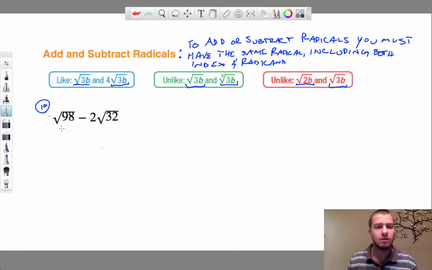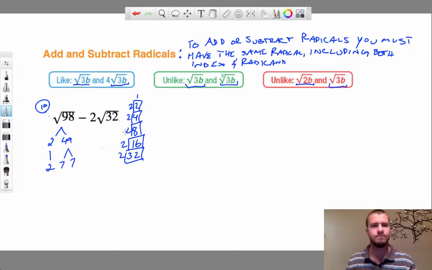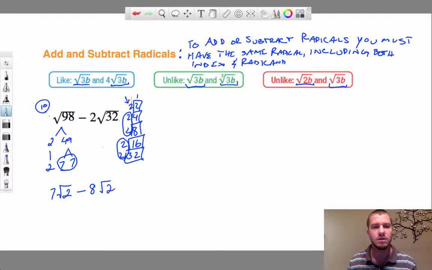So I'll do the factor tree with 98, and I did the birthday cake with 32, and what ends up happening, this becomes 7 square root of 2 minus, I have 2 pairs of 2's on this one, so that's going to be 4 coming outside, but I already have this 2 out here, so it's going to become 4 times 2, which is 8, times the square root of this 2 that was left over.